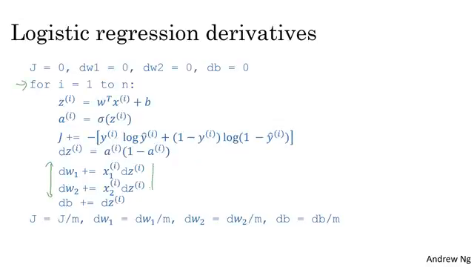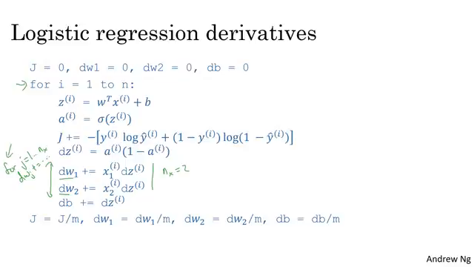In our example, we had nx equals 2, but if you had more features than just two, then you need to have a for loop over dw1, dw2, dw3, and so on. So it's as if there's actually a for j equals 1 to nx, where dw_j gets updated. We'd like to eliminate this second for loop.